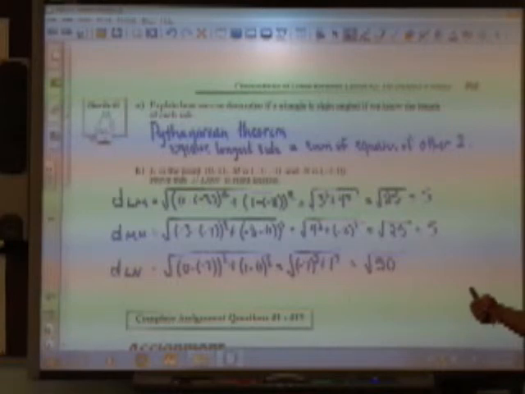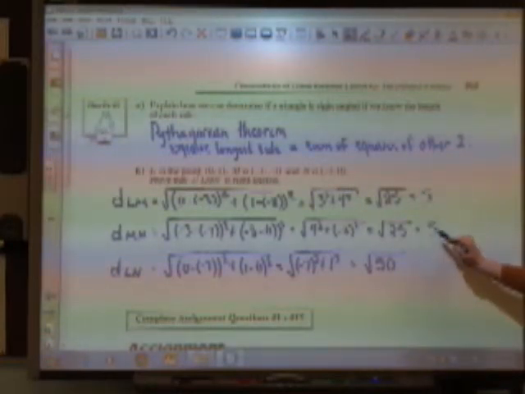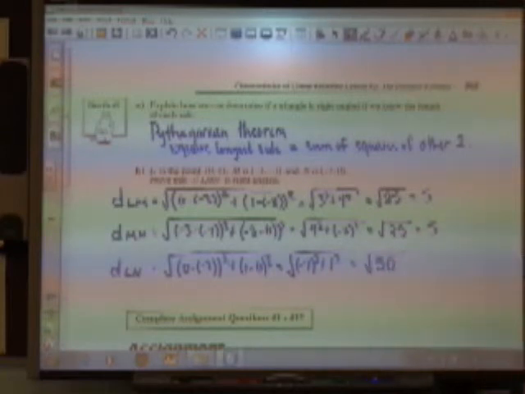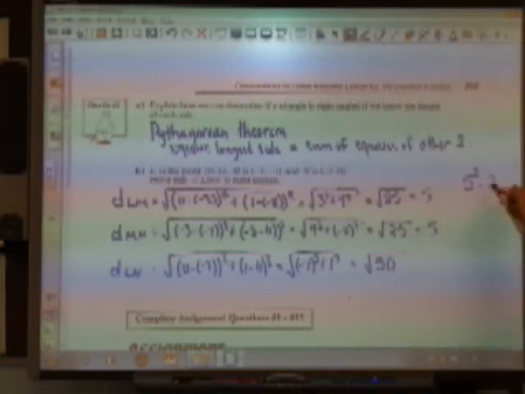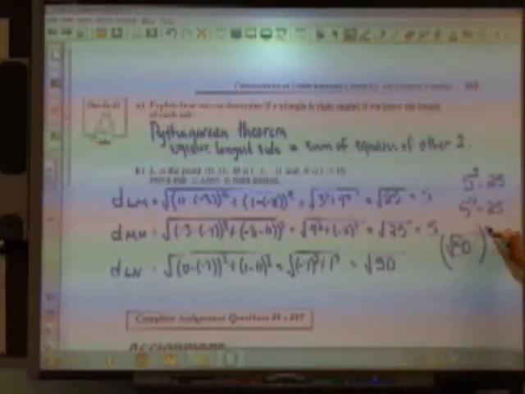So if this is right angled, it means this squared plus this squared has to equal that squared. So what's 5 squared? 25. And what is the square root of 50 squared? 50.